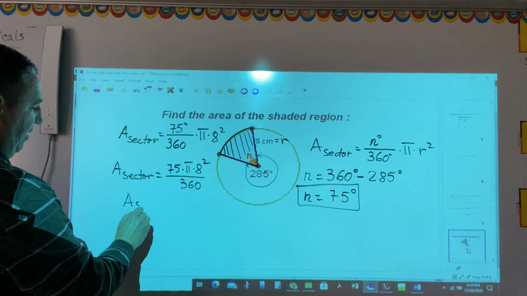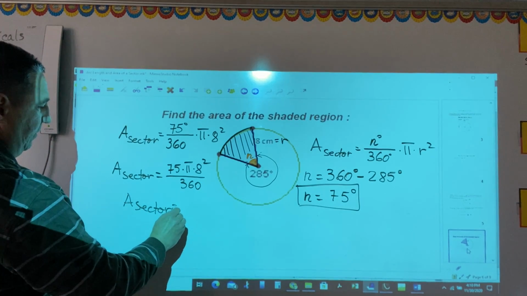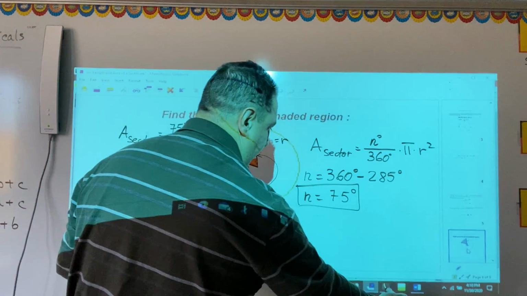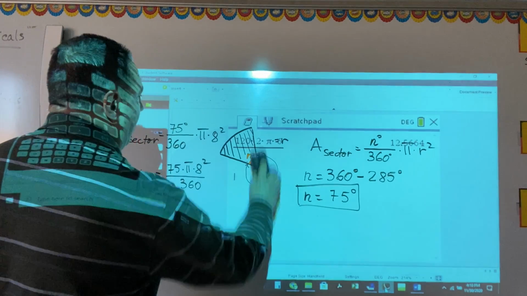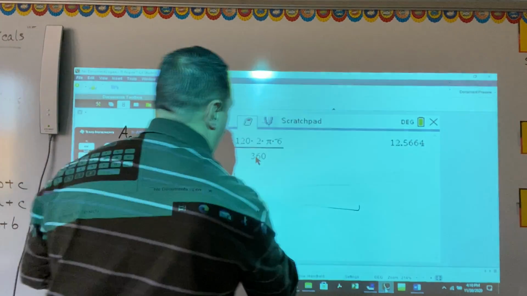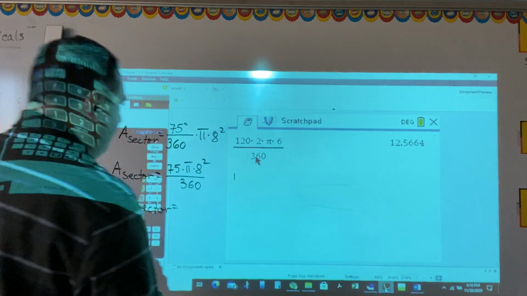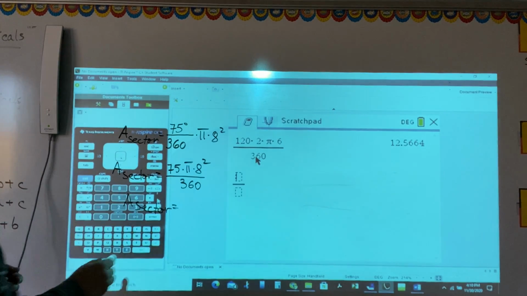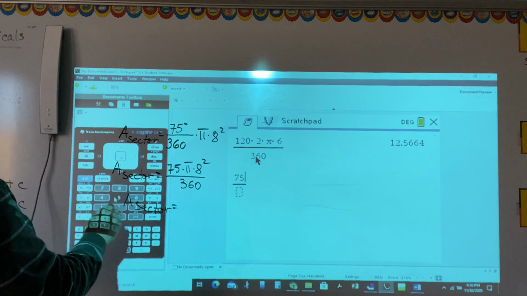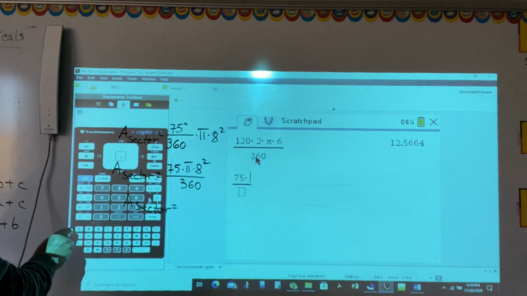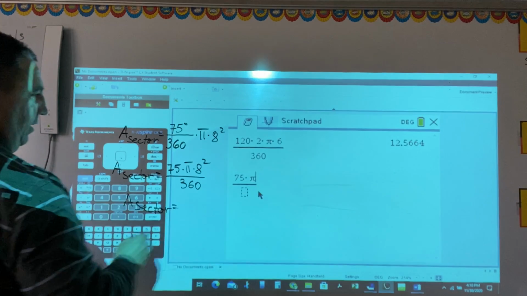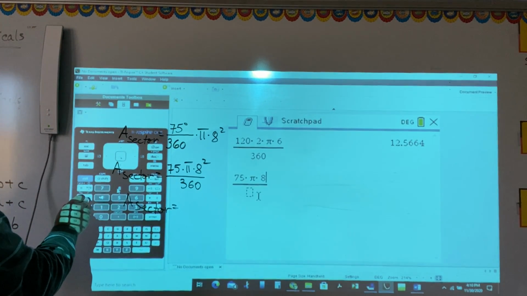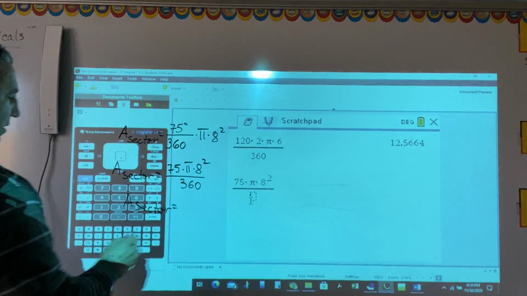Let's find the area of the sector. We use the calculator. We click on Control and divide. On top, we type 75 times pi, we select pi, times 8 squared, and in the bottom 360.